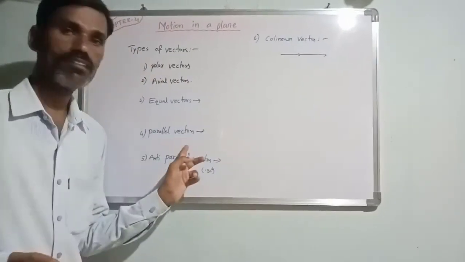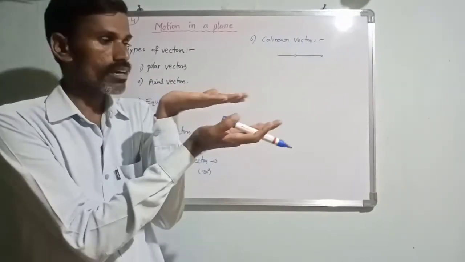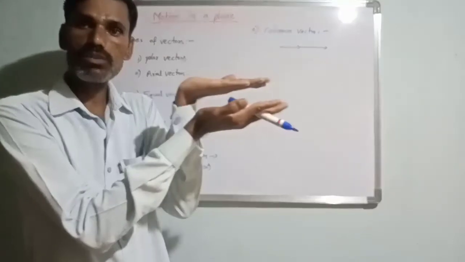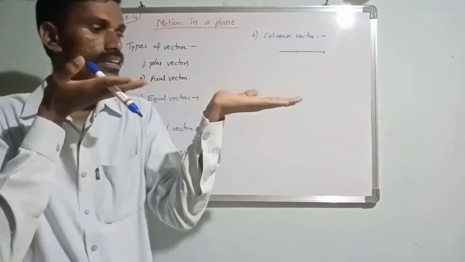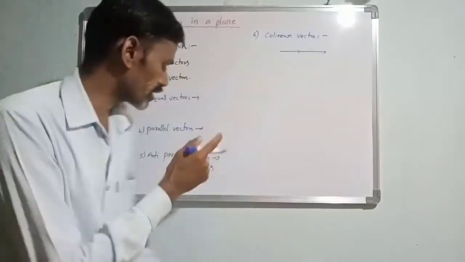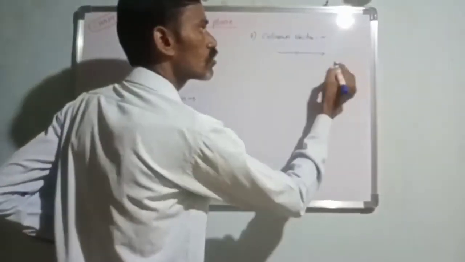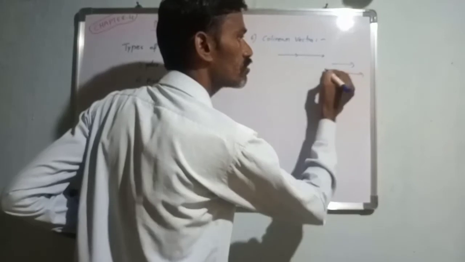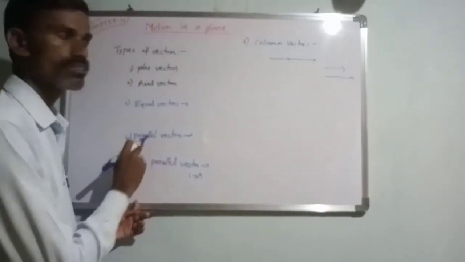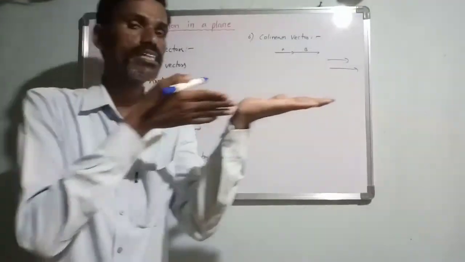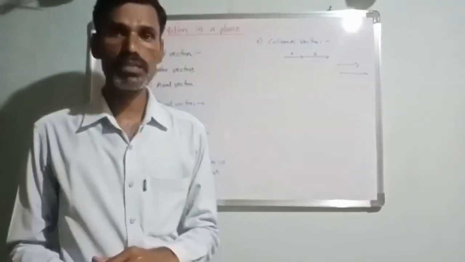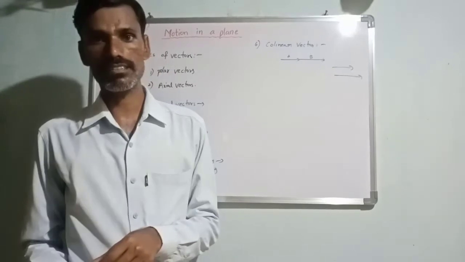Parallel vectors have the same direction, the angle between the two vectors is 0, but they are not necessarily collinear vectors. Collinear vectors act along the same line. But here, when the two vectors act along the same line, then the vectors are said to be collinear vectors.